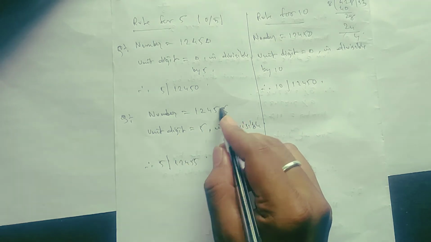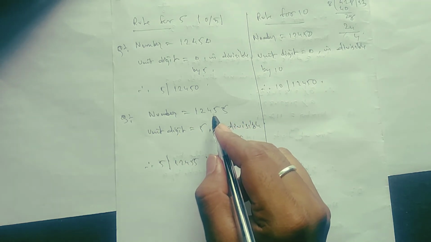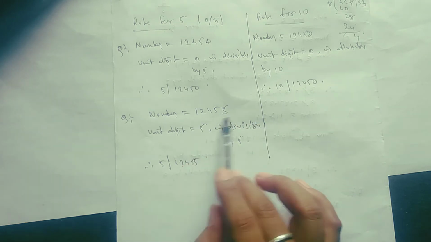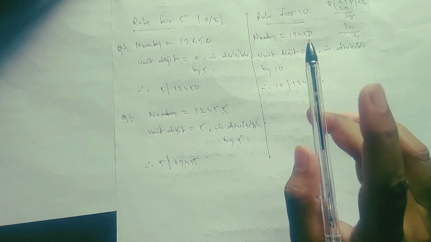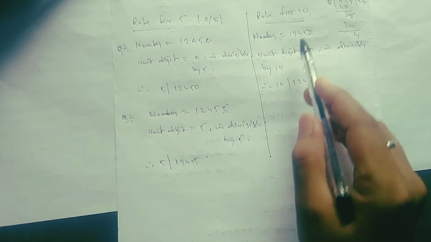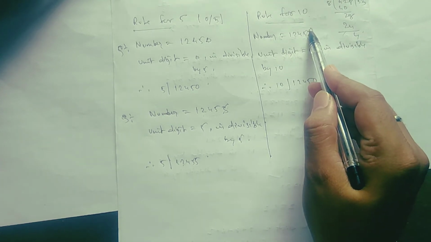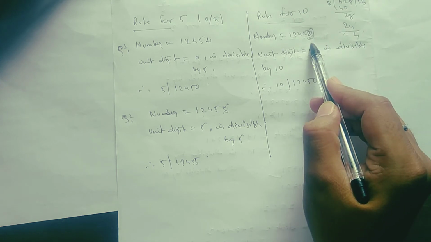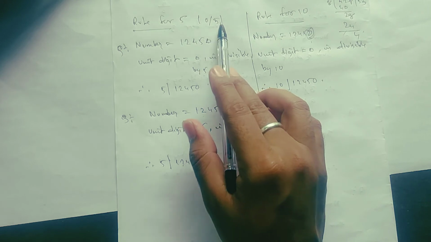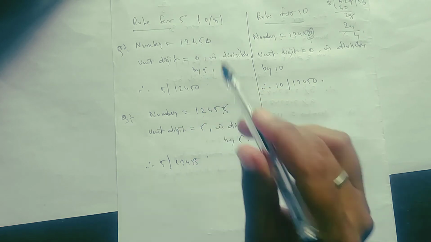But if you look at this one with 5, 12455 is not divisible by 10. Therefore we can say that this number is not divisible by 10. So the rule for 10 is that the unit digit should be only 0. This is called the unit digit, a ones place digit, and it should be 0. And for 5, 0 or 5. Okay.